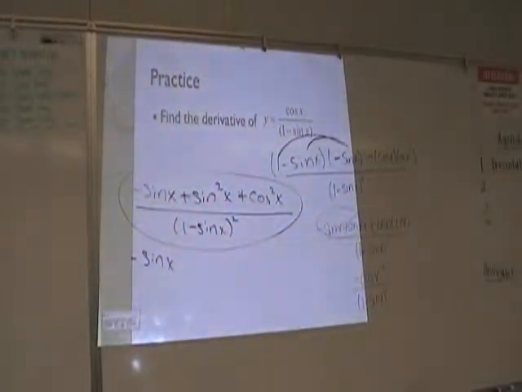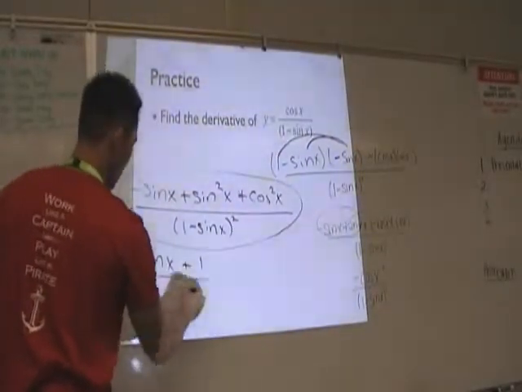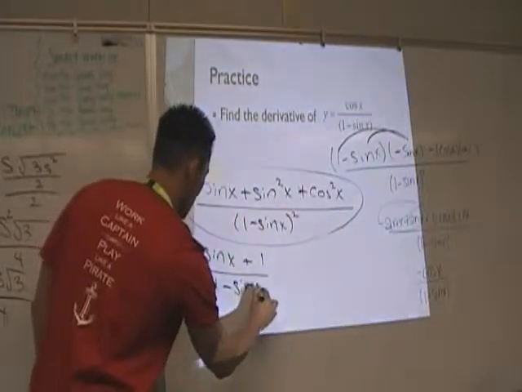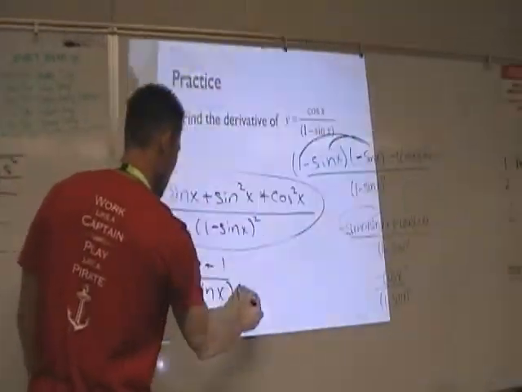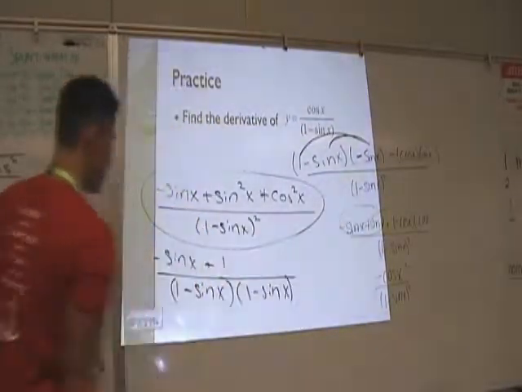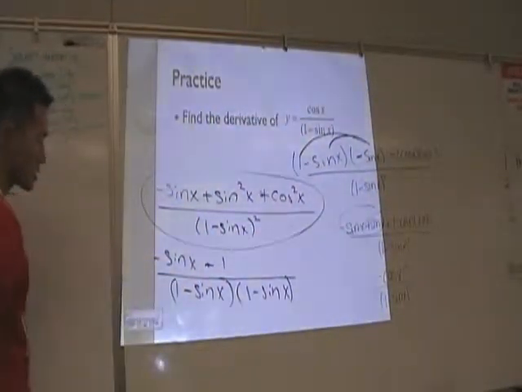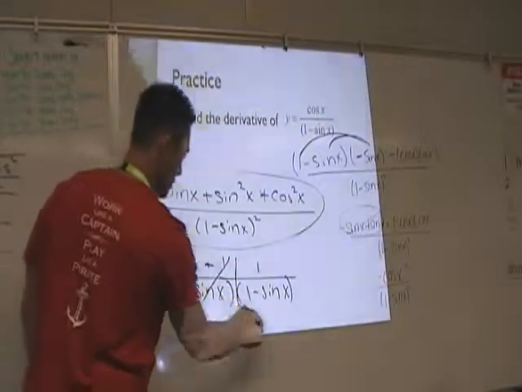For those in pre-cal, 1. So it's plus 1 minus sine x over 1 minus sine x. Alright, so then we can simplify this some more. This is the same thing as one of these, so that will cancel out, and then it's 1 over that.